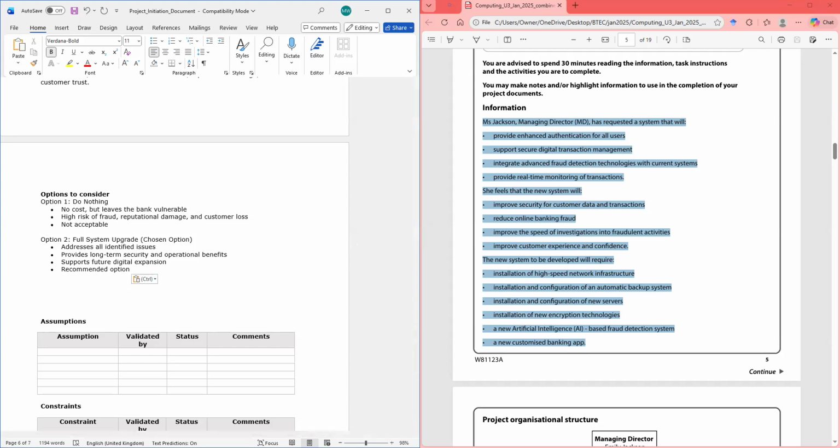All right. The other one is business benefit. And guys, the expected business benefit is all there.